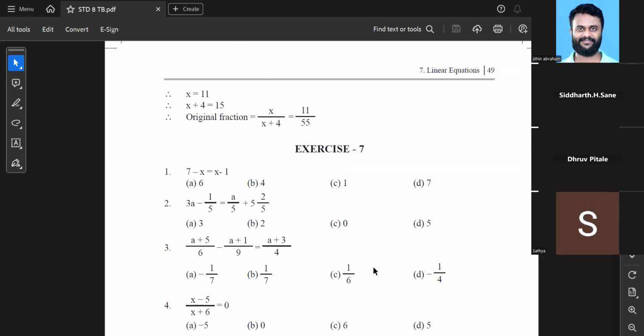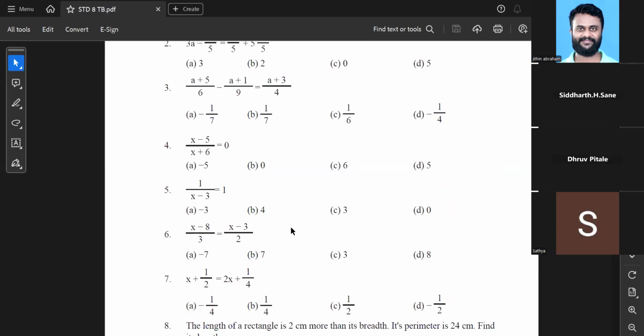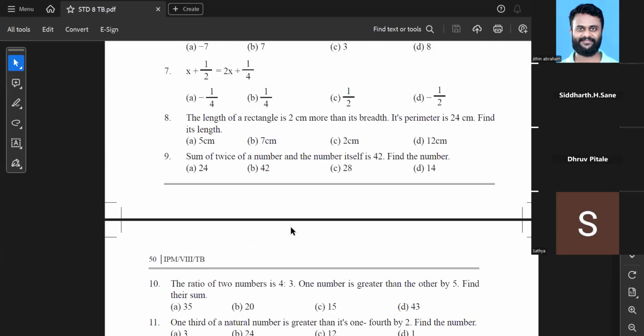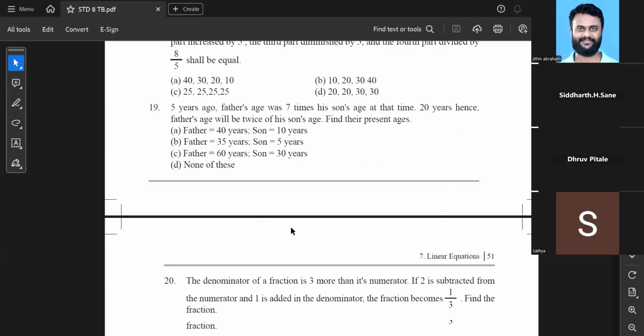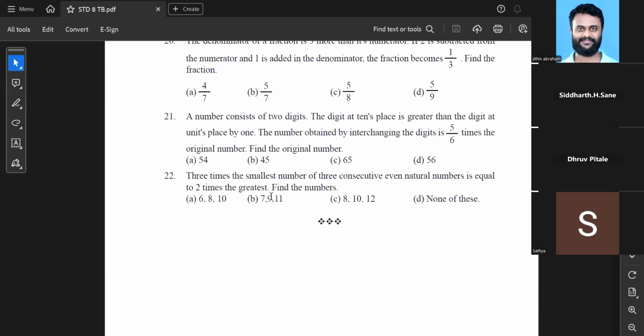Yes, looks like it. So we did the theoretical part, the textbook part, of the linear equation. So today, I'll be solving the worksheet of linear equation.